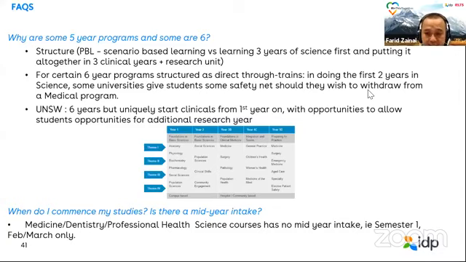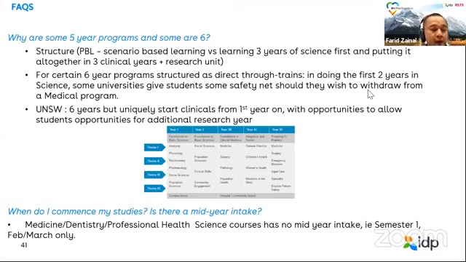Lastly, UNSW uniquely starts off with clinicals as early as the 1st year, with research components commencing as early as the 4th year. But having said this, their medicine program is starting online this academic year as with last year, so you can still proceed to apply for the UNSW medicine program, right?